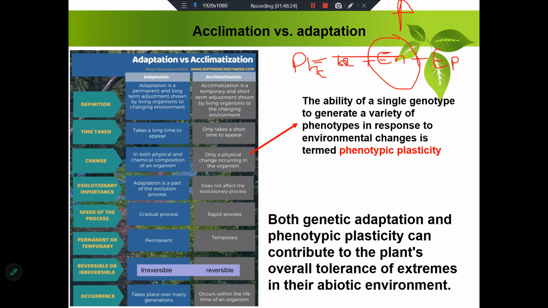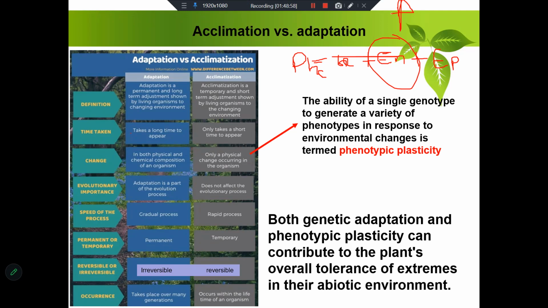There are certain plants where, if the nutrients are very low, their root system can grow large, and if the nutrients are adequate, they have a shallow root system. Depending on the environment, the organ can have different phenotypes. That is what we call phenotypic plasticity. So acclimation is done by this phenotypic plasticity, because nothing happened to the genes, but the phenotype is changed.